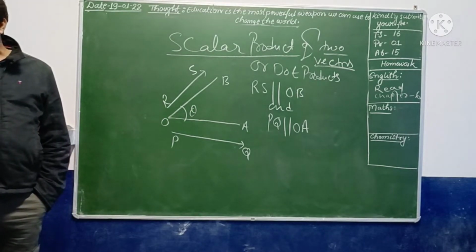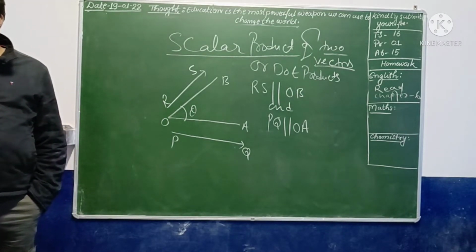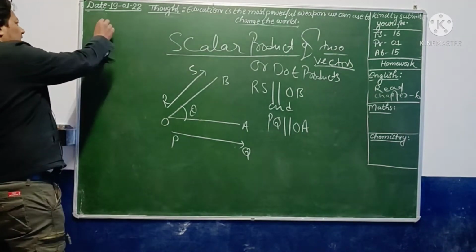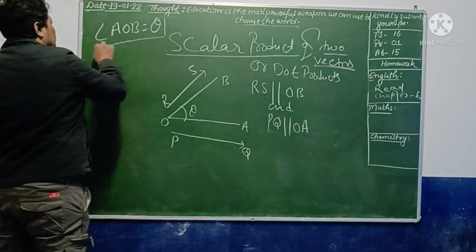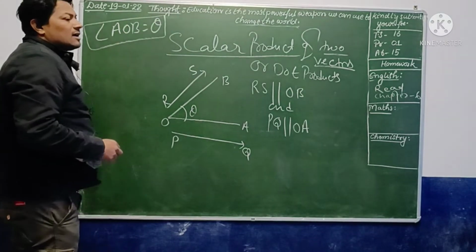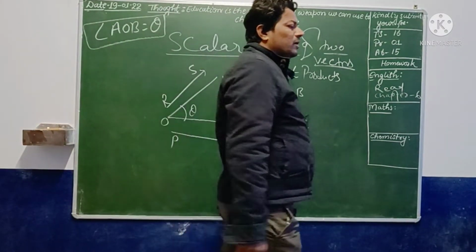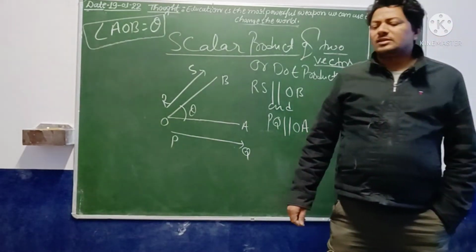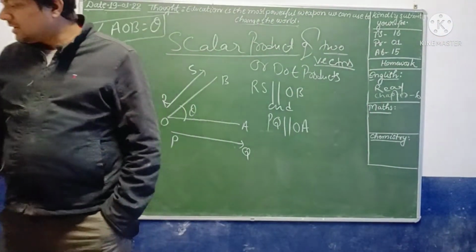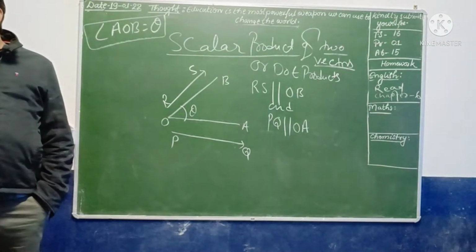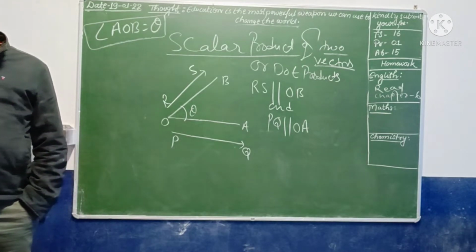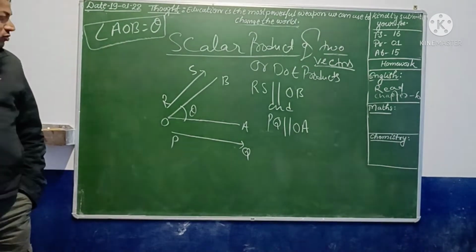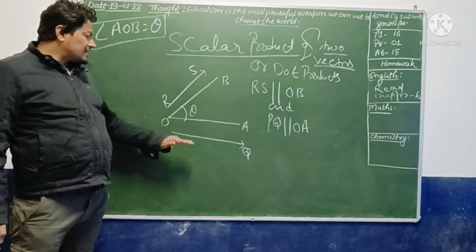So if you take angle AOB equal to theta, then theta is the angle between PQ and RS.